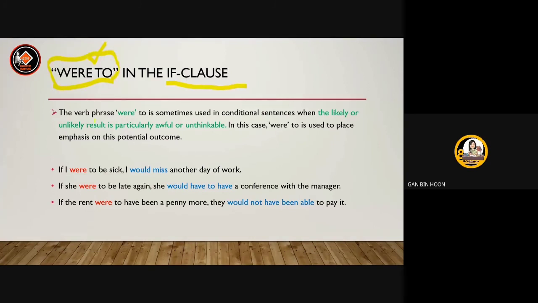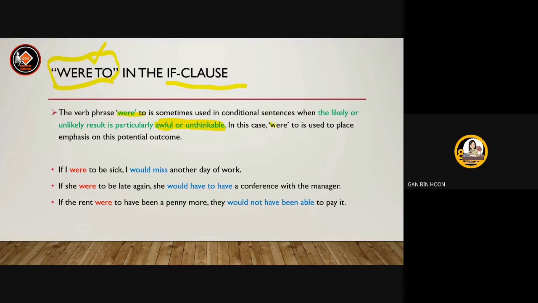Were to. The verb were to is sometimes used in conditional sentences when the likely or the unlikely result is particularly awful or unthinkable. Okay, ingat tak mungkin berlaku, impossible to awful ataupun unthinkable, tak boleh imagine dia akan berlaku.